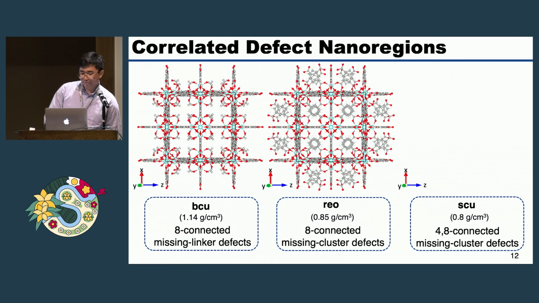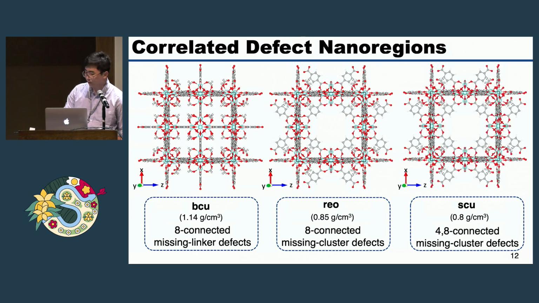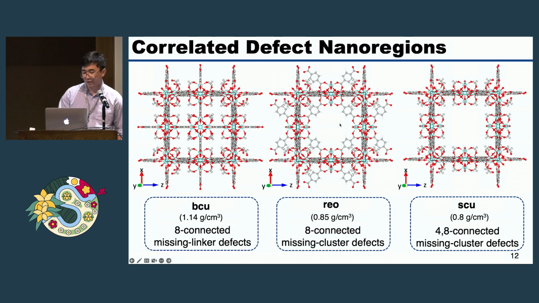In the first type of missing cluster correlated defects, the metal node with all 12 connected linkers is missing from the unit cell. And in the second type of missing cluster correlated defects, not only the metal node with all 12 connected linkers, but also the surrounding 4 non-connected linkers are missing too. So the difference between these two types of missing cluster defects is that the second is more deficient in linkers.